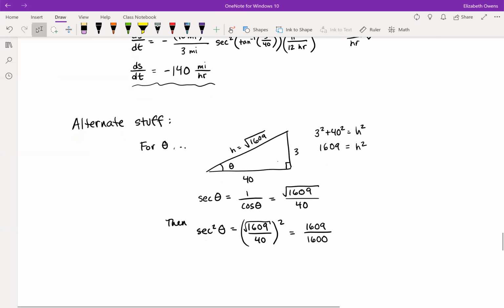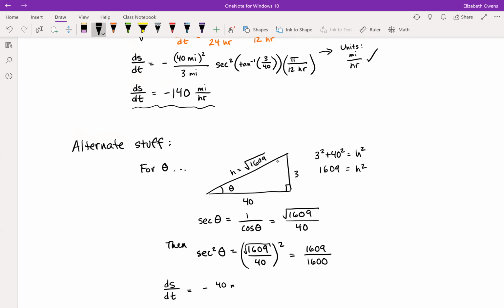So when we do our ds/dt calculation, you can put that in. So we would have our negative s squared over 3 miles. And then this would be our secant squared value, 1609 over 1600. And then we would have our pi over 12 hours for this portion here.